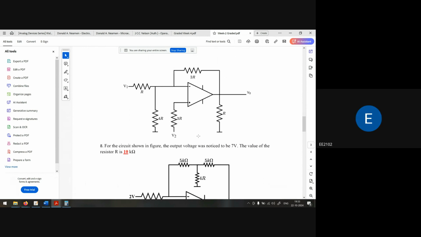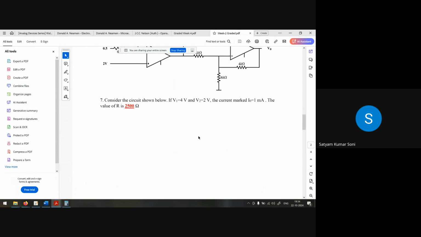So what is the doubt in this one? I'm getting a wrong answer. Consider the circuit shown below. If V1 is 4 volt and V2 is 2 volt, the current I naught is 1 milliampere. The value of resistance R is 25.